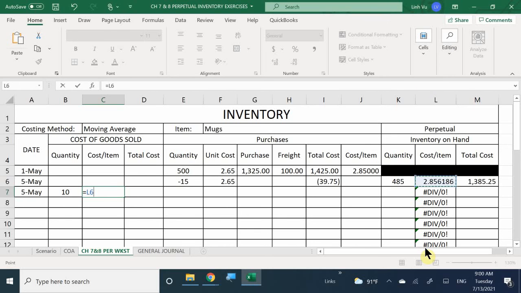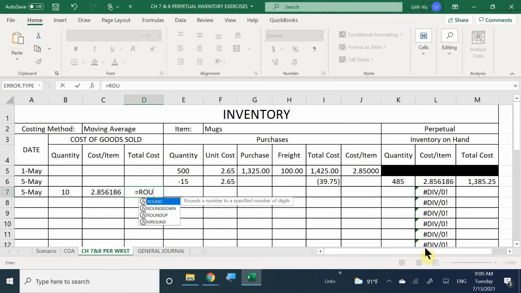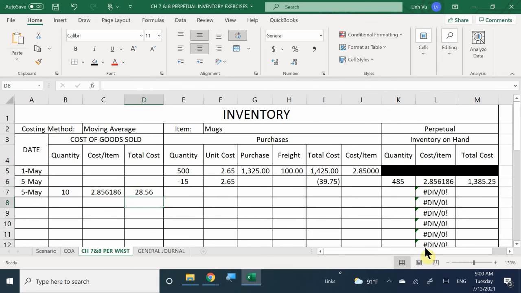Correct, 2.8561. Since we have this number, we're going to be practicing the ROUND function, if you guys are using Excel. We're rounding to the nearest penny. So how much did it cost me to sell 10 cups? $28.56.